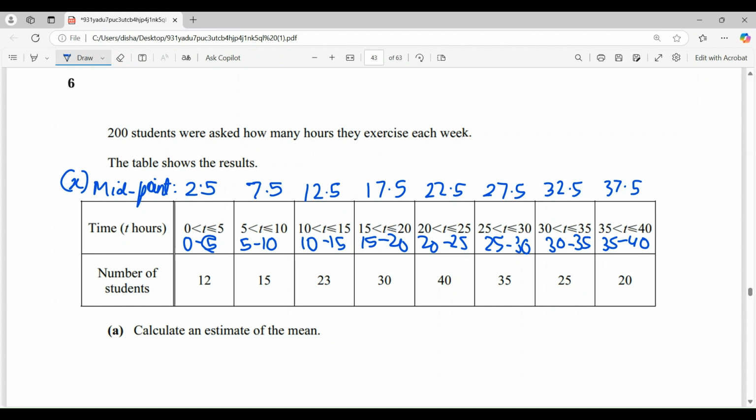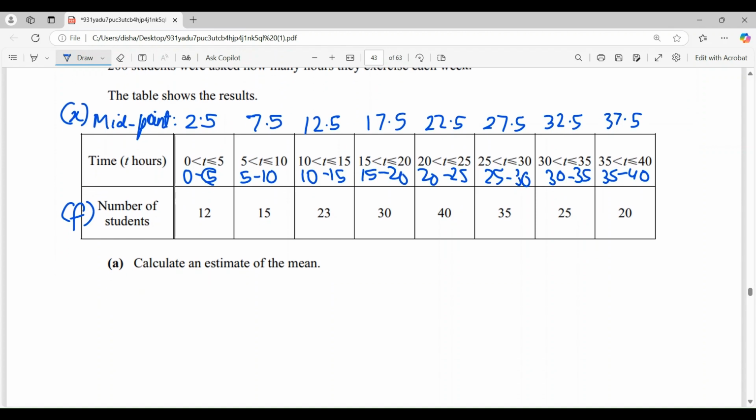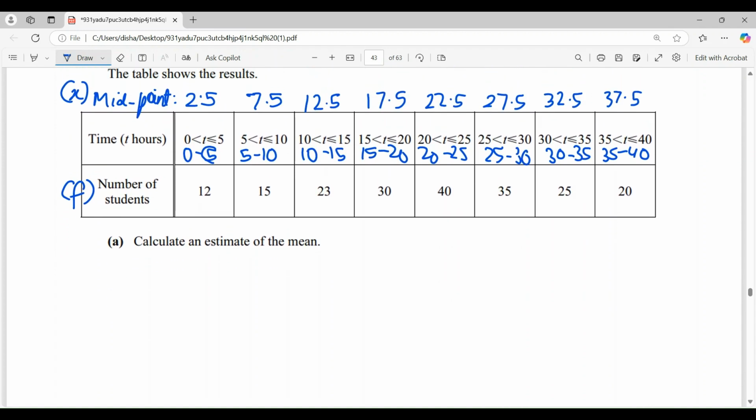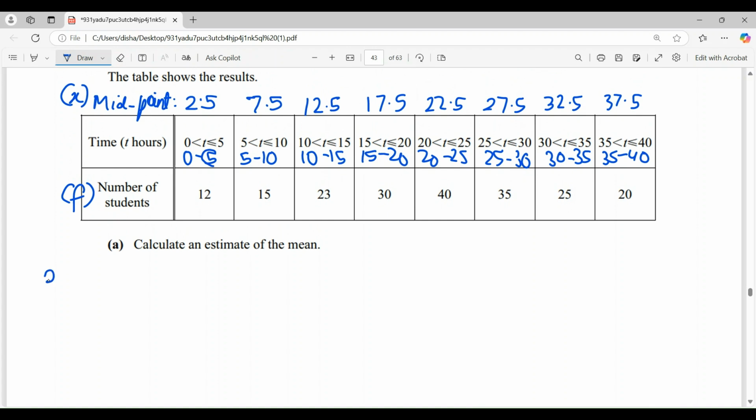Now, once we know the midpoints, we have to multiply these midpoints with the frequency. Frequency means the number of students. So, let us try to do it. Midpoint is x, frequency is f. We will find fx. So, let us multiply.